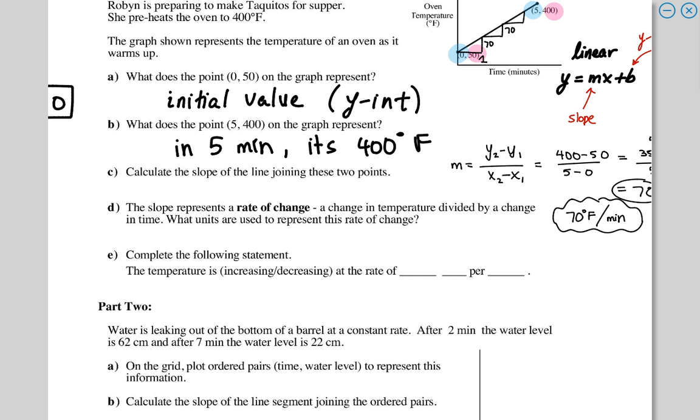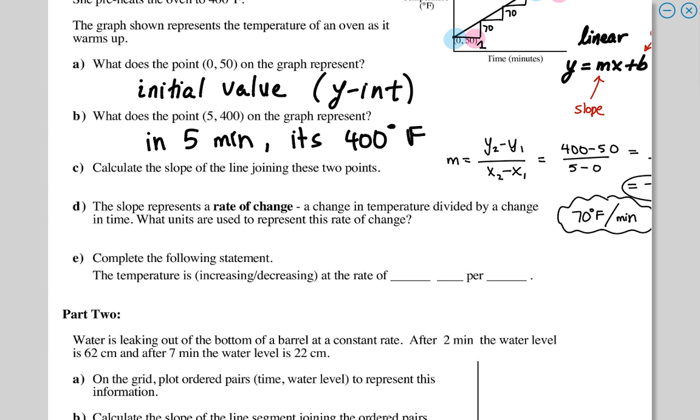Okay, so the book wants us to be careful about our vocabulary. So rate of change, slope is this. I got it highlighted there for you. And that would go here. 70 degrees Fahrenheit per minute.